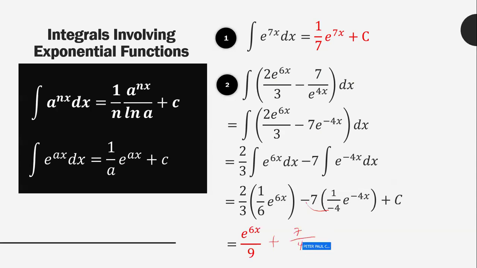Then we have e raised to negative 4x, which we will make positive, so we put it in the denominator instead. That is how we finalize the answer: plus 7 over 4 e raised to 4x, plus c. I hope you understand.